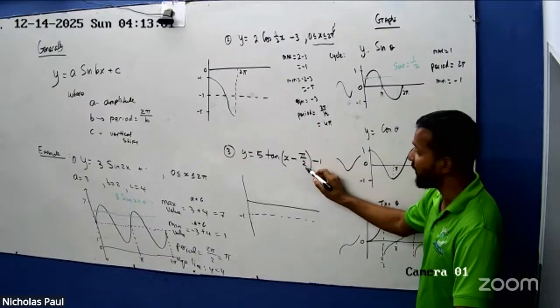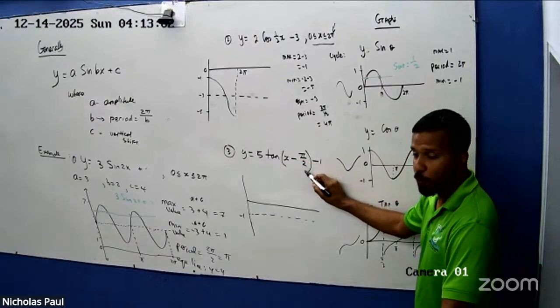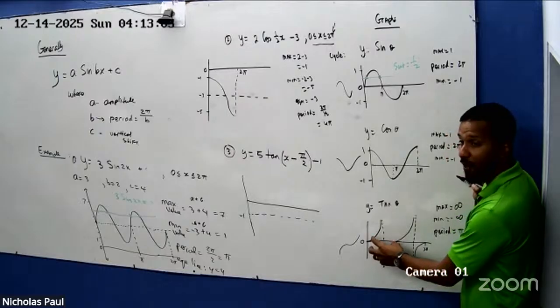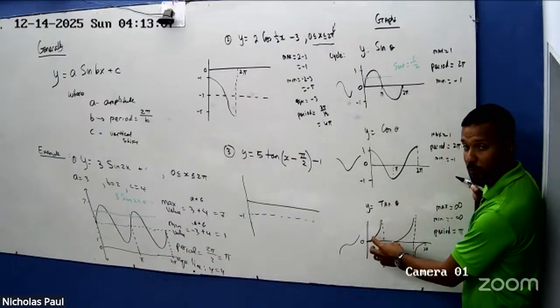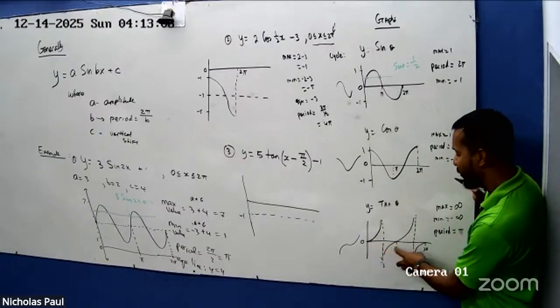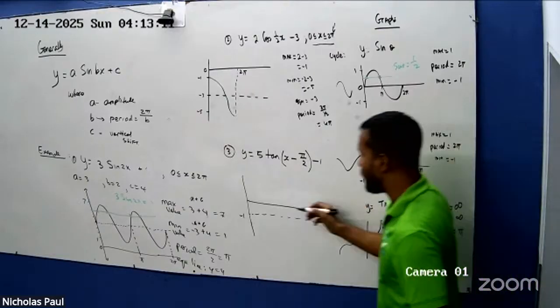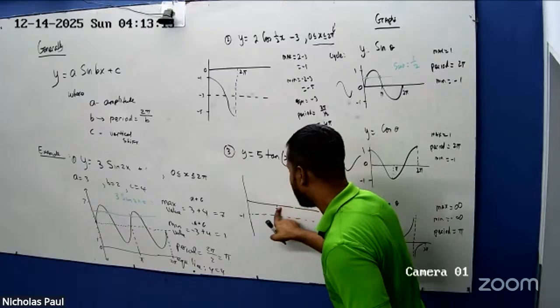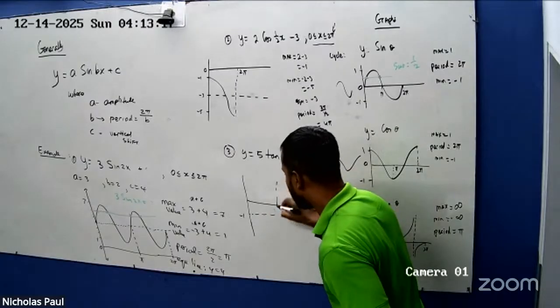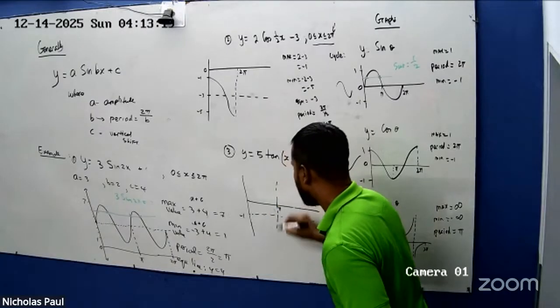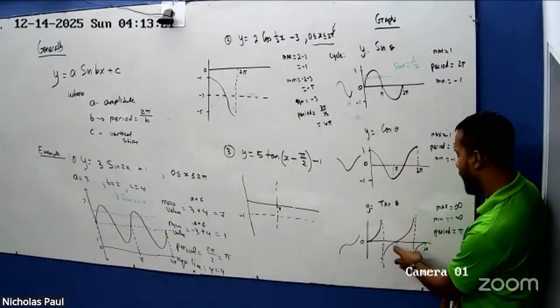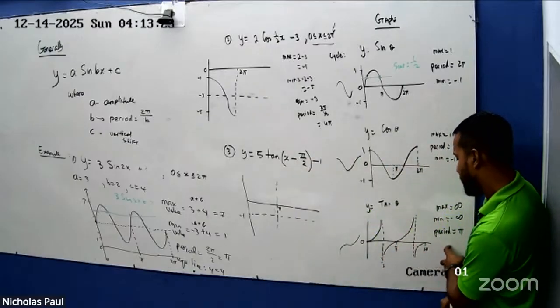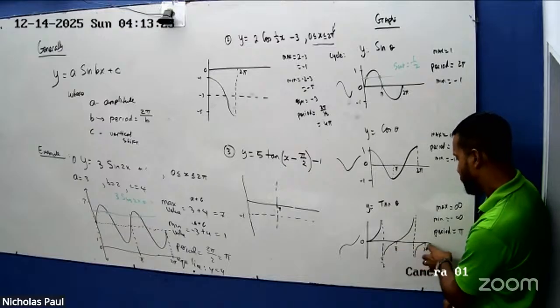But we're shifting this entire graph pi on 2. So now my equilibrium line will be at pi. Let's say pi is here. And my next equilibrium line will be at 2 pi.